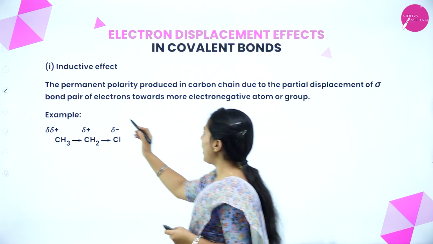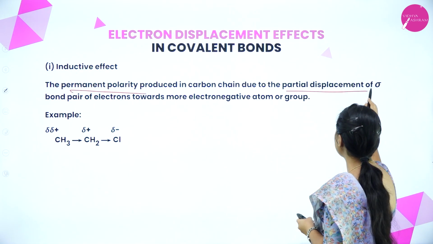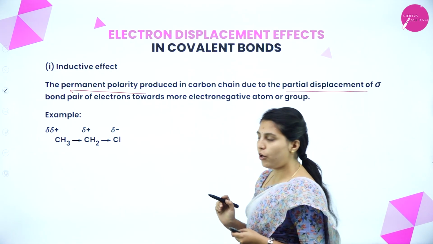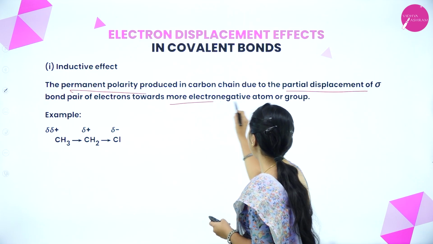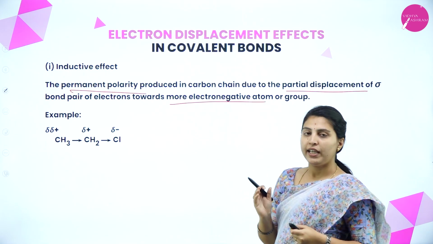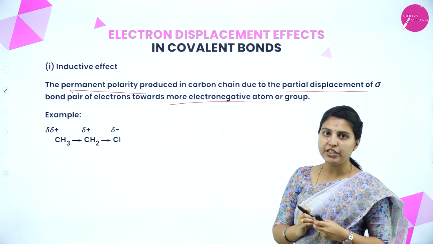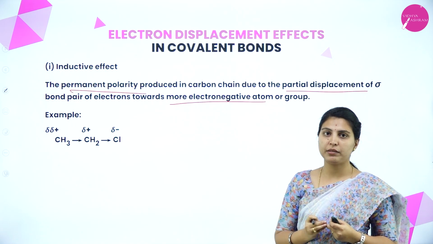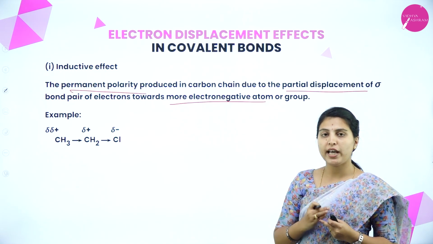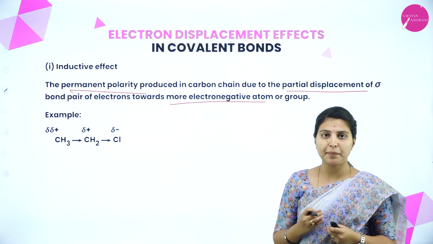The permanent polarity produced in a carbon chain due to the partial displacement of sigma bond pair of electrons towards a more electronegative atom or group. Here, permanent polarity will take place in the carbon chain. Permanent polarity means once again that it will not be reversible, and polarity means a charge separation.